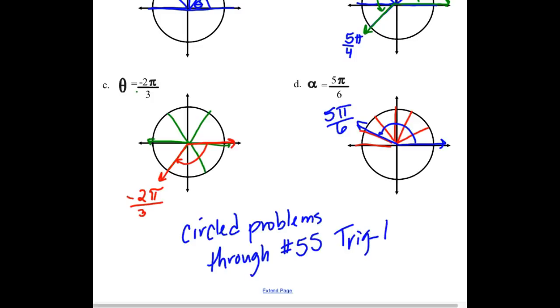That doesn't mean you have 55 questions. It means the last circled one is number 55. Okay? You'll see when I hand it out. There's not 55 questions. Don't panic. Okay? But you are going to need to keep your packet, so put your answers on a different sheet that you can turn in each day. Okay?